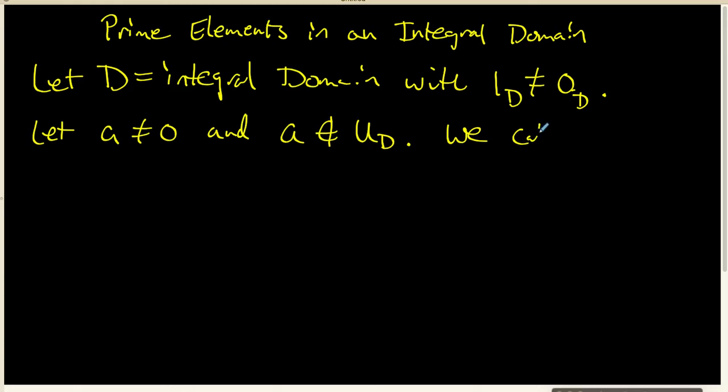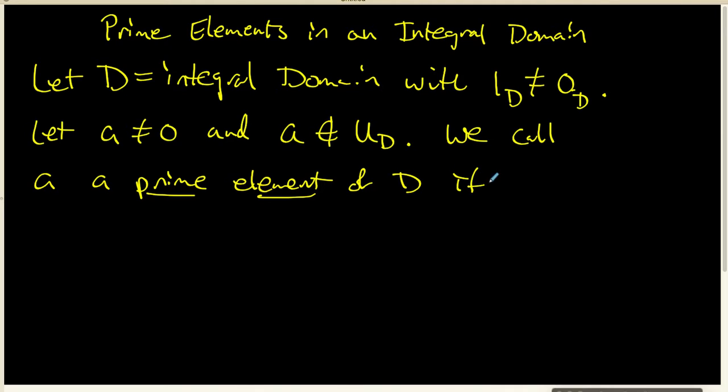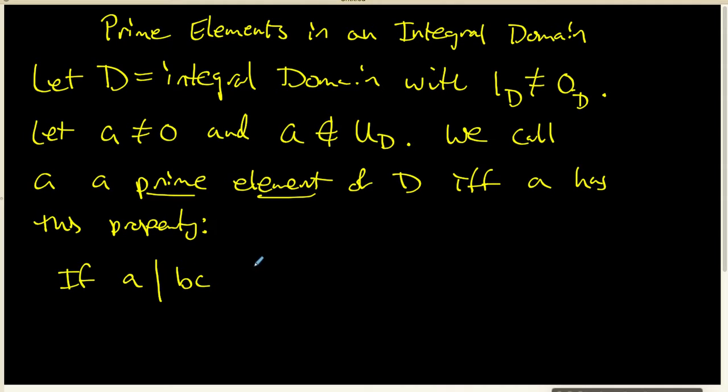We are going to call A a prime element of our domain D if and only if A has the following property. And this property is something that you know from prime numbers. If A divides a product B times C, then either A has to divide B or A has to divide C. It's that simple.